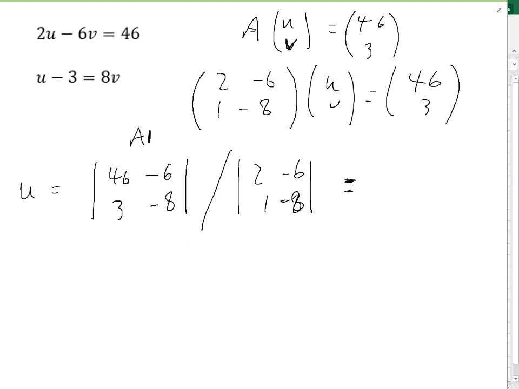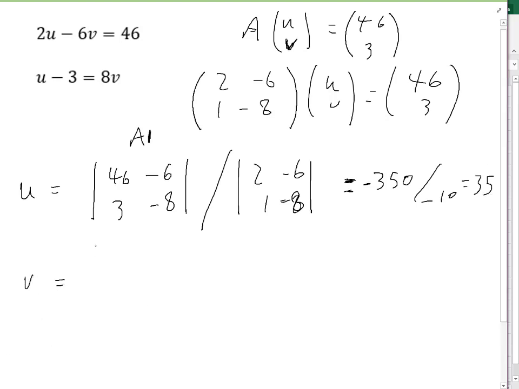So here we find 46 times negative 8 minus 46 times negative 8, minus 18, so plus 18 comes to 350, and negative 16 subtract negative 16, actually add another 6, it's negative 10. So finding positive 35 for u.